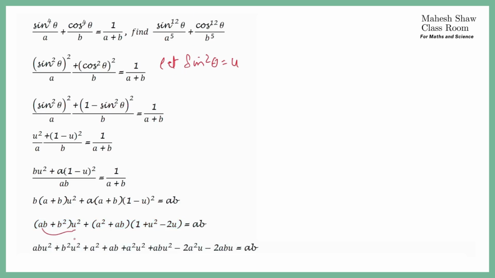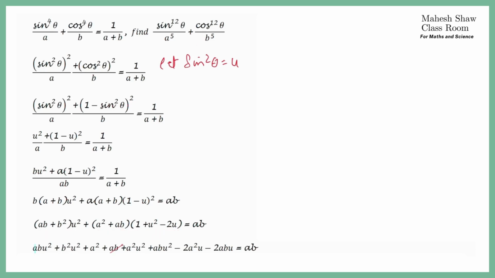So that is ab multiplied by u square is ab square, b square multiplied by u square is b square u square, a square plus ab multiplied with 1 is this, and ab multiplied by u square is this. Similarly, ab multiplied by minus 2u will result to give you this.